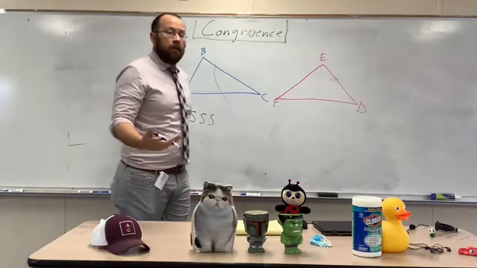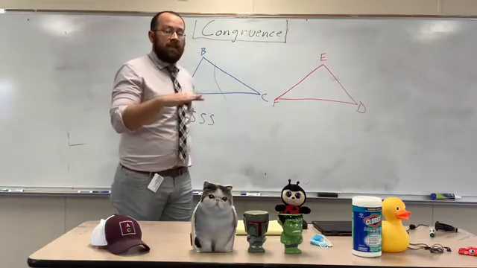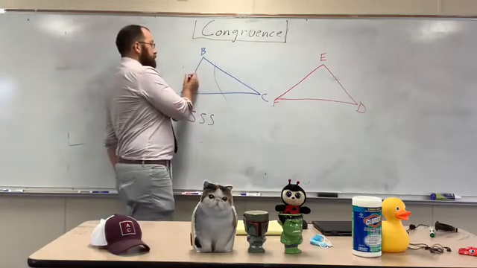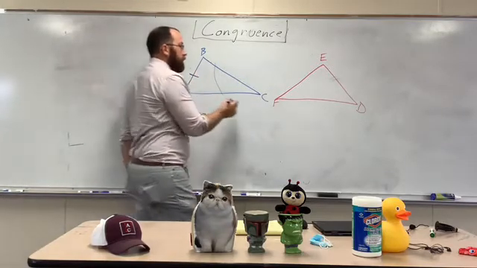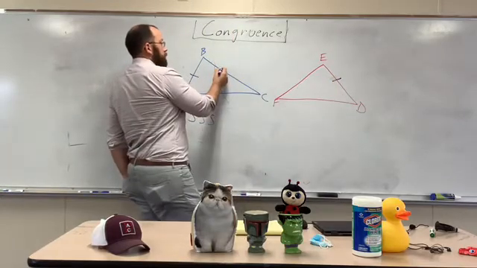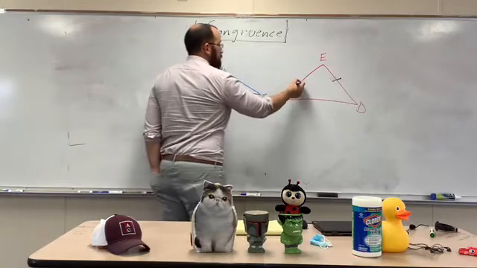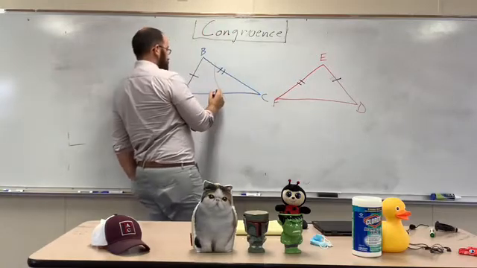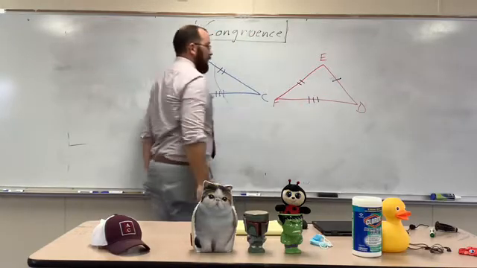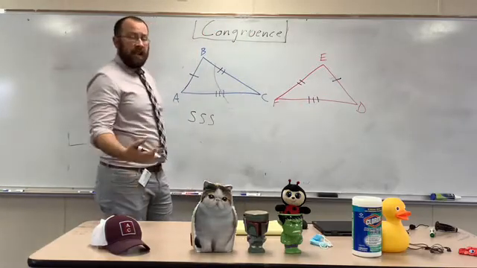To prove these are congruent, you need to know that all 3 sides of your triangle are congruent. So that's me saying AB is congruent to ED, BC is congruent to EF, and AC is congruent to FD. So that'd be side, side, side.